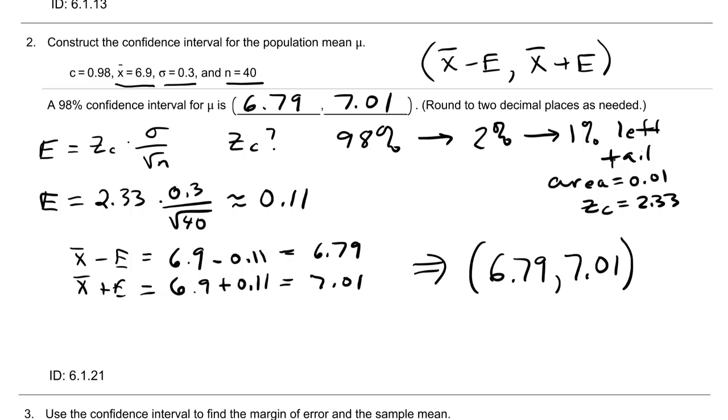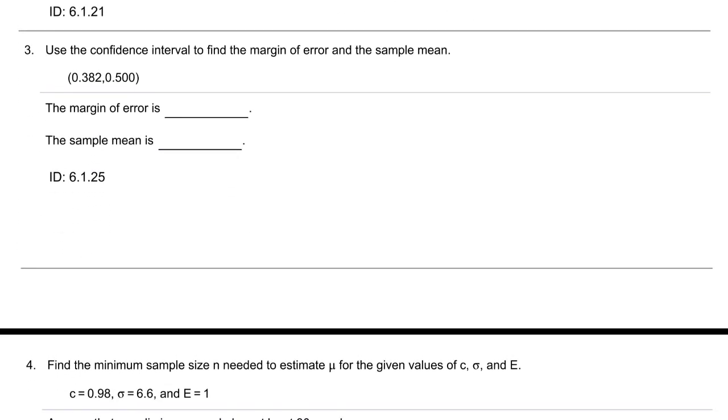So let's move to problem 3 now. Now we're starting with the confidence interval, and we're going to go back and find the margin of error and the sample mean x bar.